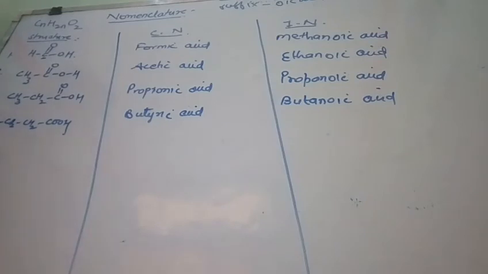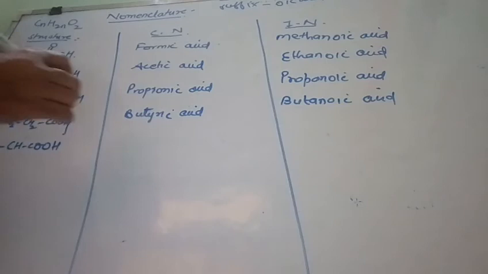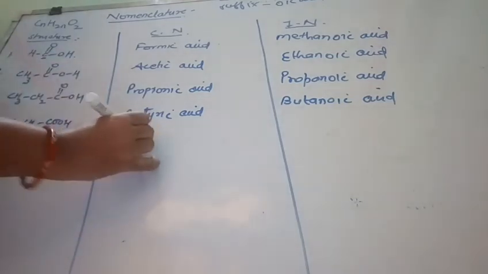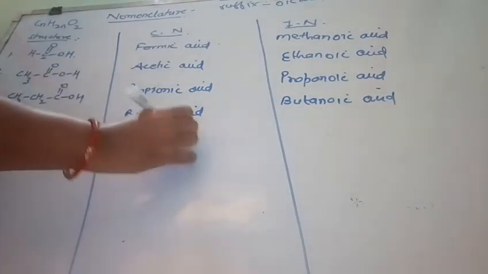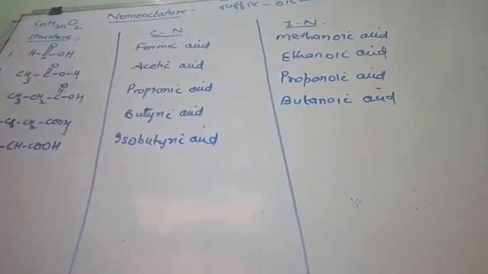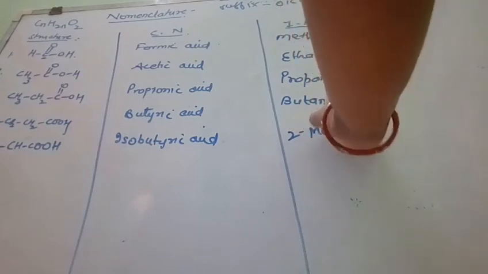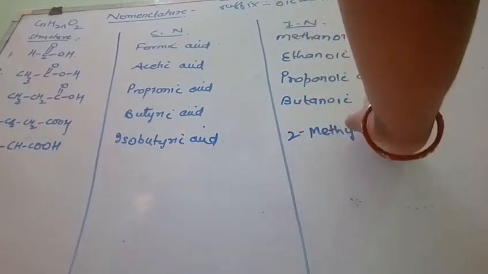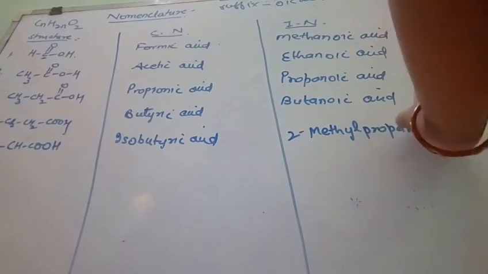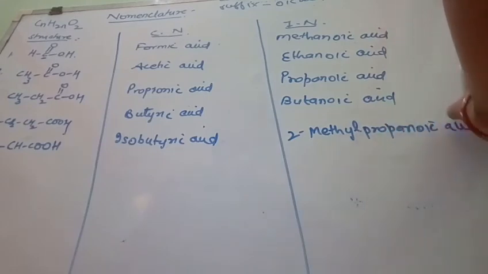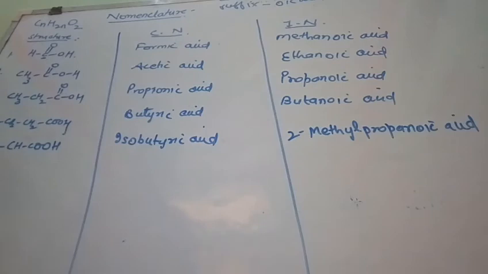Then this is a branch chain compound, and this is isobutyric acid. Its IUPAC name is 2-methyl propanoic acid. Okay, 2-methyl propanoic acid.